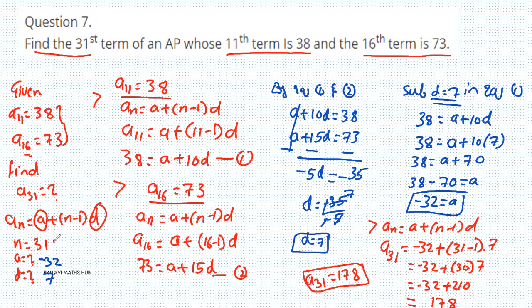So n is equal to 31. A is question mark, D is question mark. You don't know the value of A and D. How will you find A and D? By using these two equations. Using these two equations, I found the value of D as well as A. D is 7, A is minus 32. Now substitute into the formula and you will get A31 is 178.